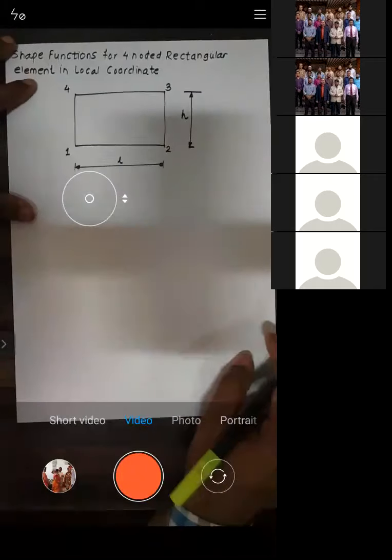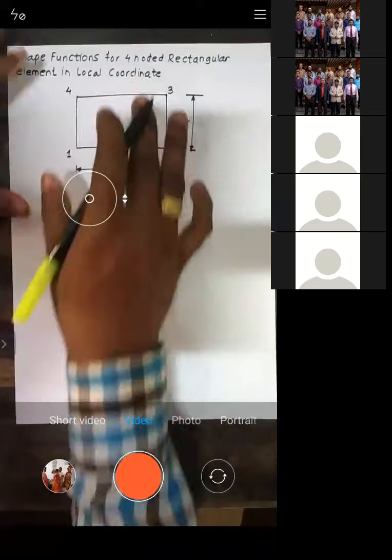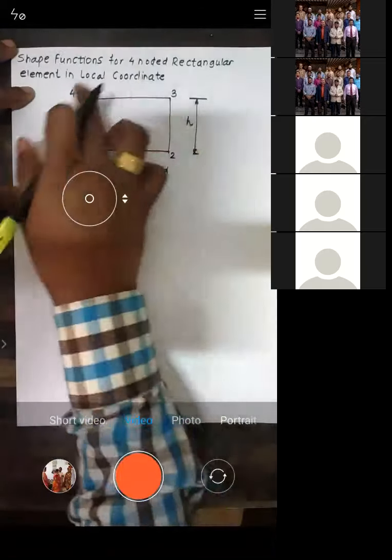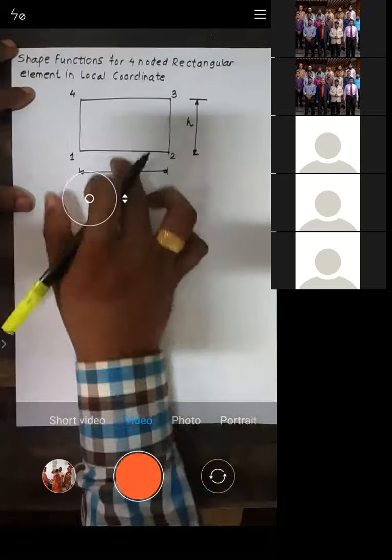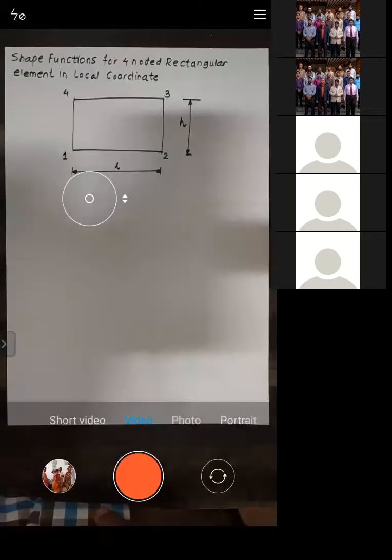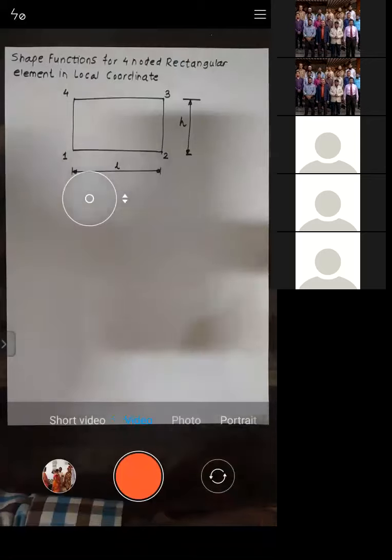Now what we need to do: we are basically dealing with a local coordinate. These are the 4 nodes of a rectangle. What is the meaning of local? You need to measure the location of every node with respect to a node which is lying on the same element.